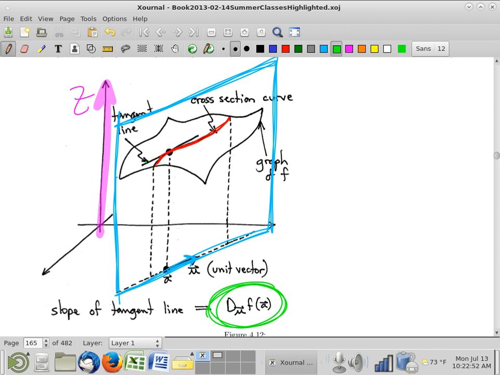The unit directional derivative computes the slope of that tangent line.